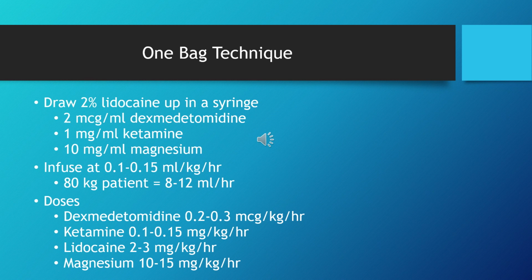It involves mixing 2 mics per milliliter of dexmedetomidine, 1 milligram per milliliter of ketamine, and if desired, 10 milligrams per milliliter of magnesium and 2% lidocaine, and running it at the same rate as if you were just running a lidocaine infusion. Esmolol is usually given as a PRN bolus and not added to the infusion in this scenario.